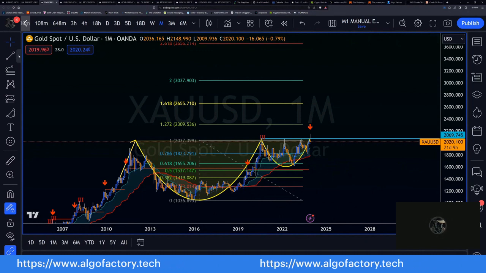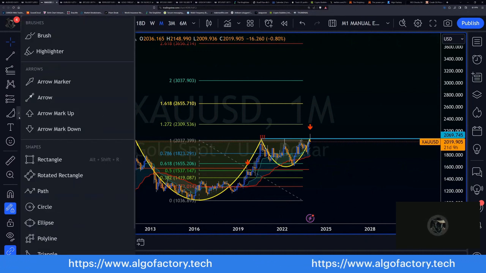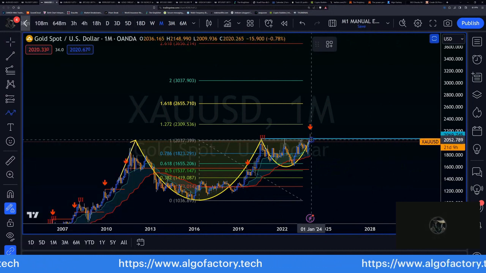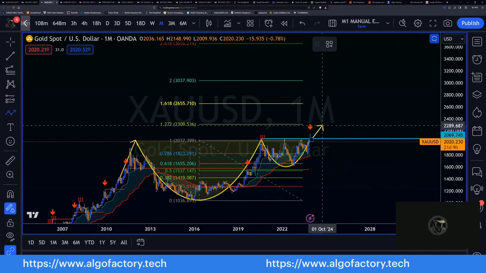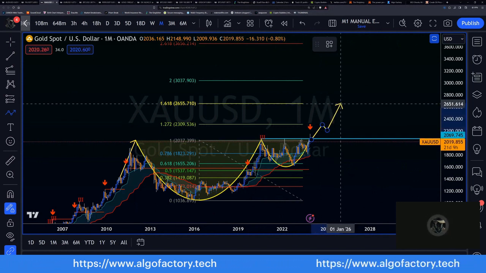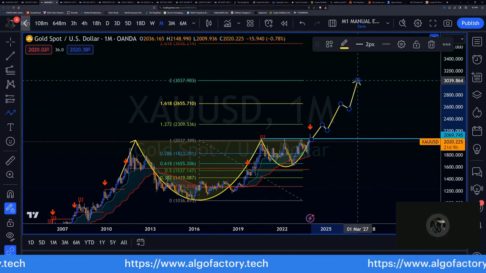So that means that if this cup and handle were to break out, then chances are it would either reject at these fib levels, or make a stop and then go past, or they might even break above and just go straight through.